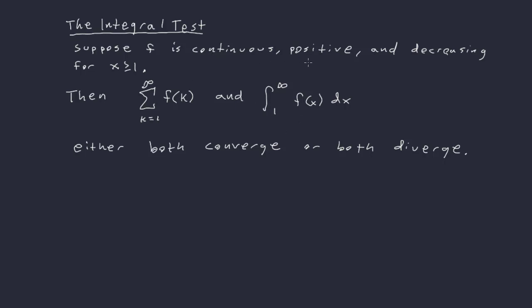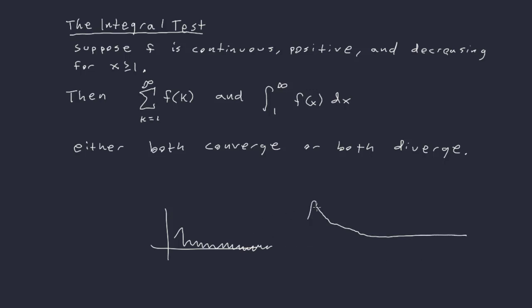Okay, and then this part, we do need to, at least in the back of our mind, keep in mind that it's got to be continuous, positive, and decreasing. So that means as the function approaches 0, it can't do things like this for its whole life, right? It's got to eventually level out.